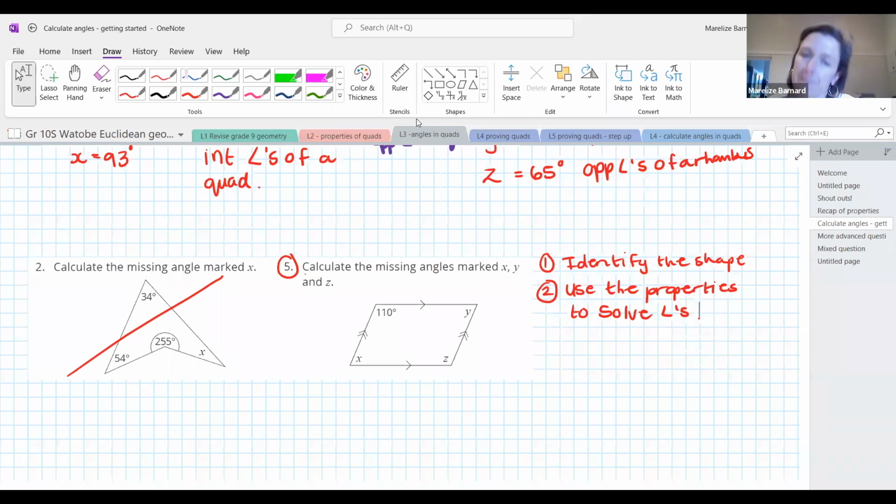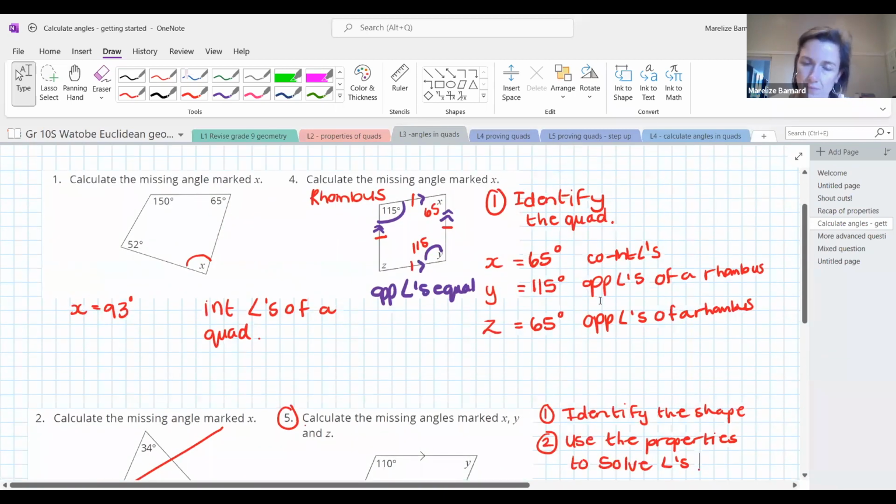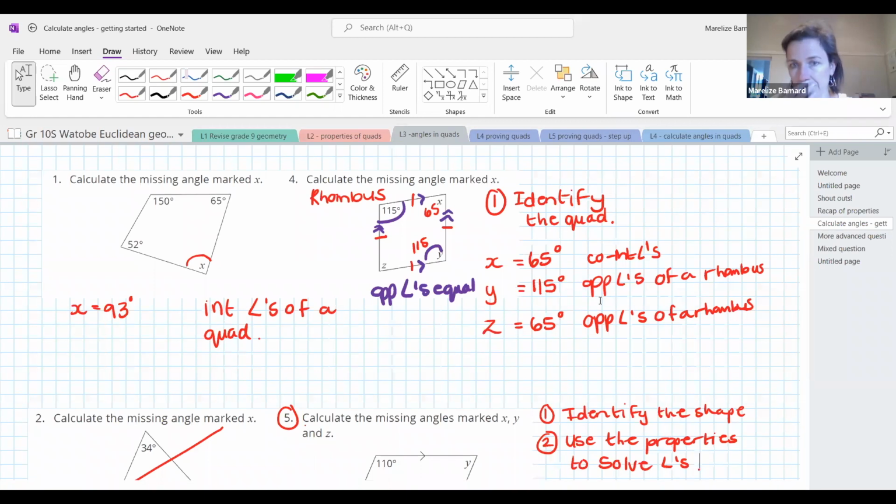Sorry, ma'am, can we go back to the last equation that we were doing? I have a question on it. Okay. I have a question on how we got 65 degrees, ma'am. For which one? For X. Okay, so you understand that it's a rhombus? Yes, ma'am, I do.